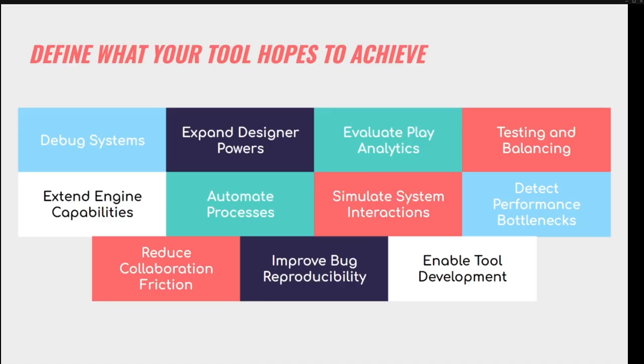By that, I mean allow your designers to, within the engine, be able to edit a dialogue tree, or give them a behavior tree editor, which might not be part of the engine. But you might also want to do that through surfacing play analytics to your designers so that they know how to tune, right? So the first step is figuring out what you're trying to do so that your tool works.